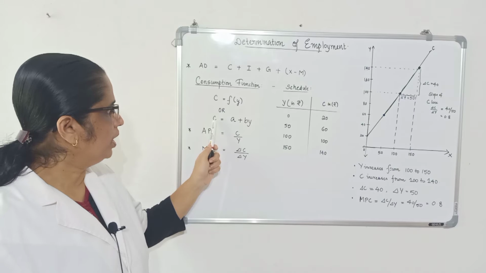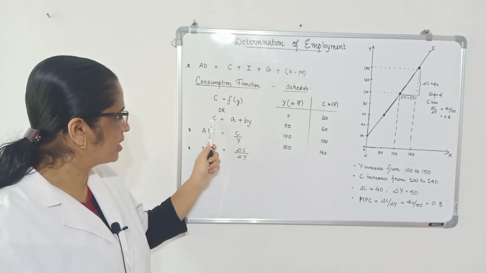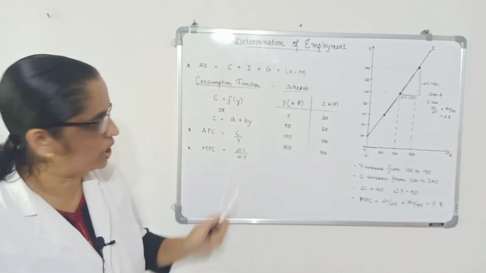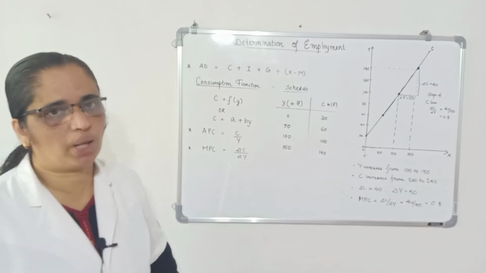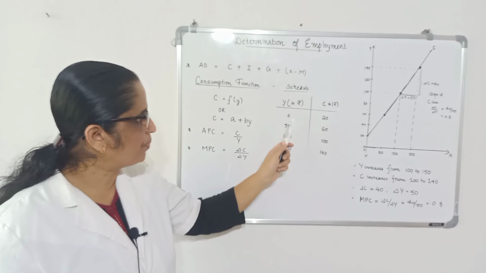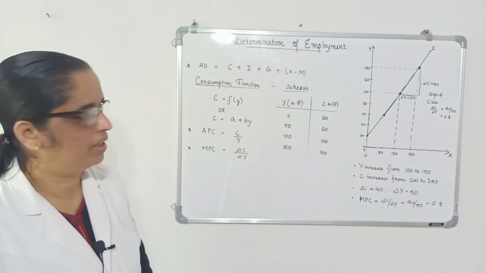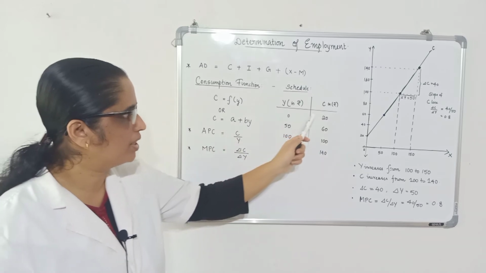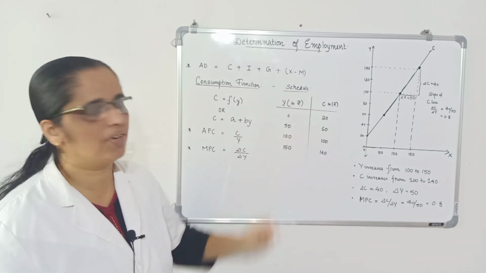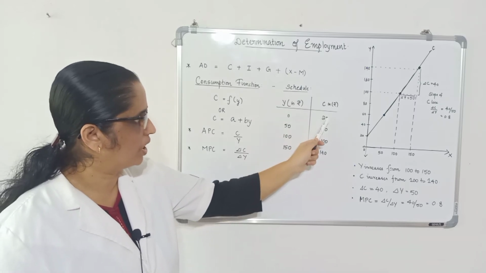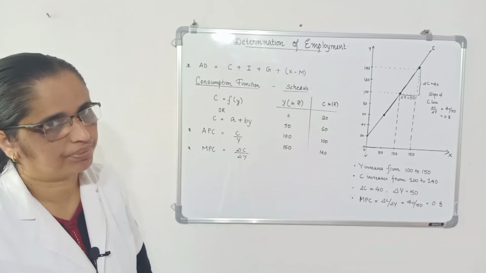Now, let us see this equation. C is equal to A plus B into Y. C means consumption. A stands for autonomous consumption, that is consumption at a zero level of income. What do you mean by autonomous consumption? Consumption at zero level of income. At zero level of income, consumption is positive.